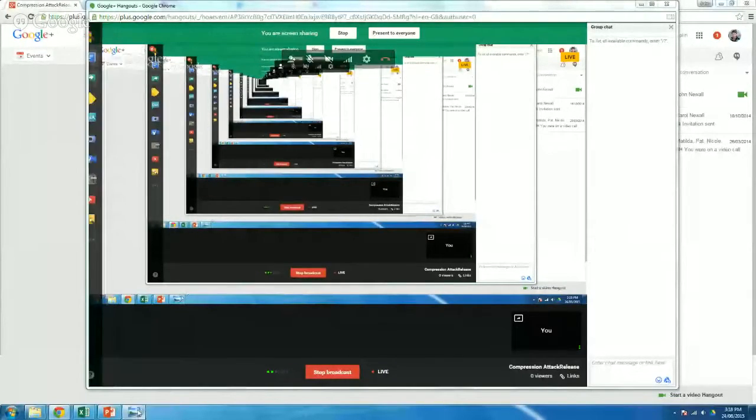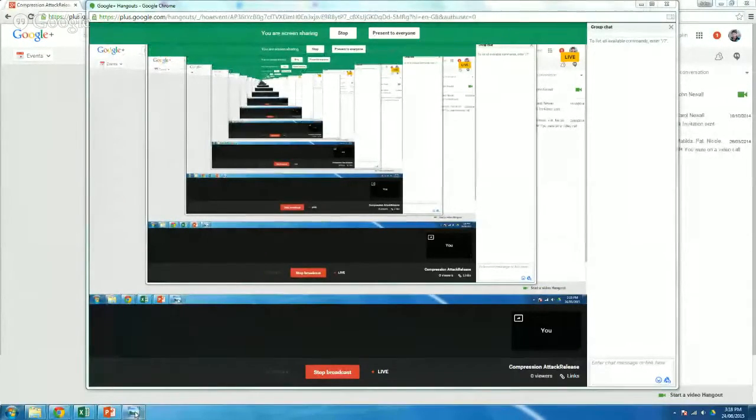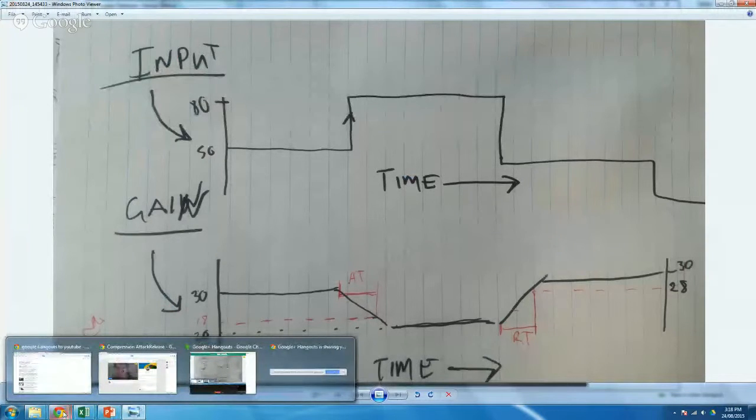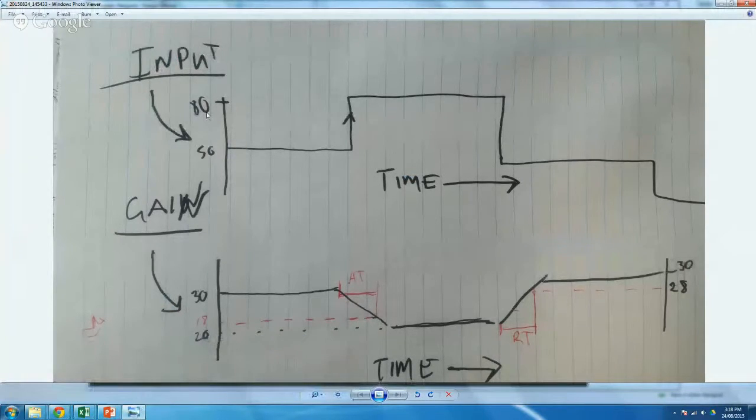Let's just share the entire screen and excuse any technical difficulties here. Okay, hopefully you are seeing my pointer and screen here. So what we've got on this little graph is the input across time.